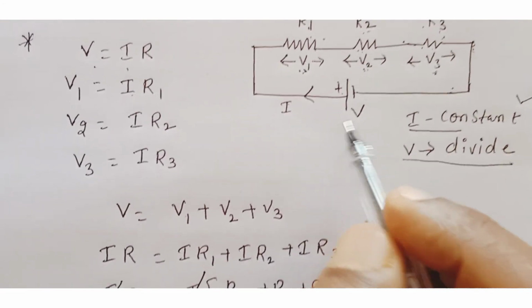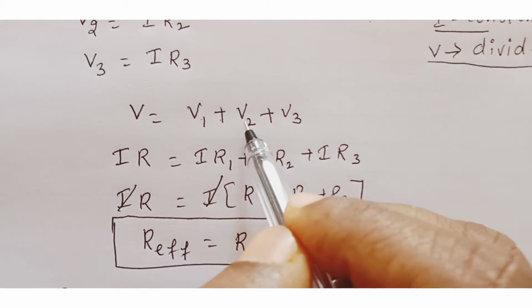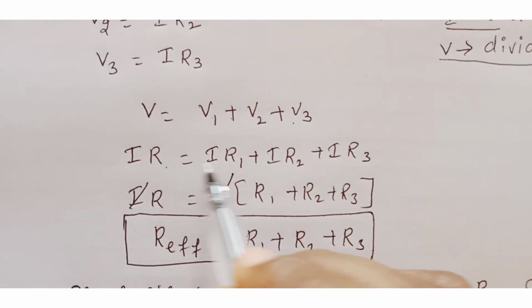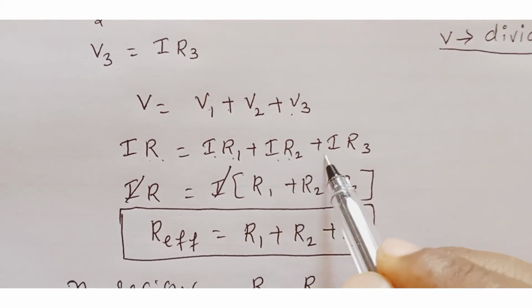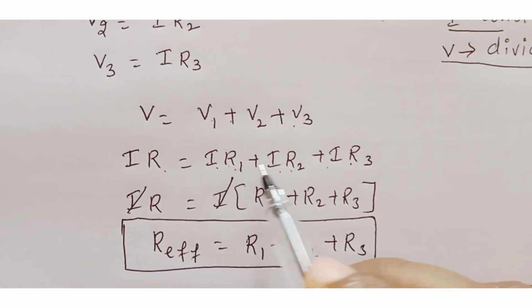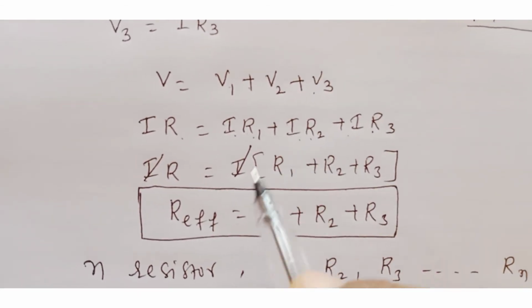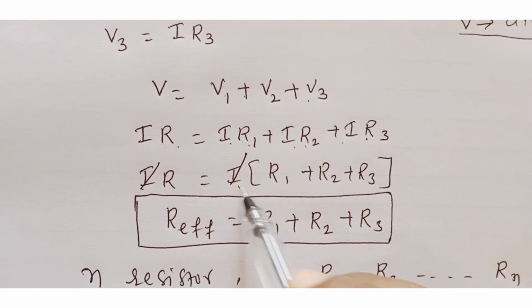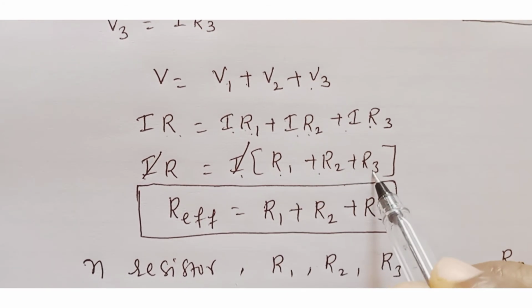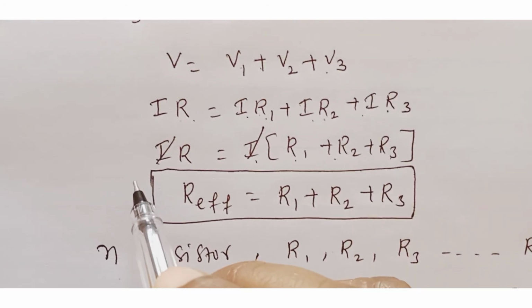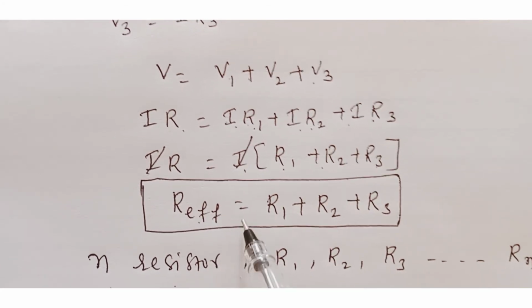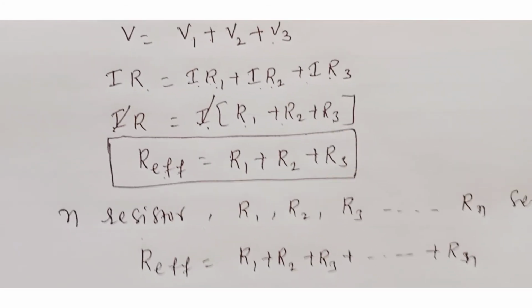Now the total potential is divided into three parts, V1 plus V2 plus V3. Then IR equal to IR1 plus IR2 plus IR3. In this equation, I is a common term, so I into R1 plus R2 plus R3. Then I gets cancelled. R effective is equal to R1 plus R2 plus R3.